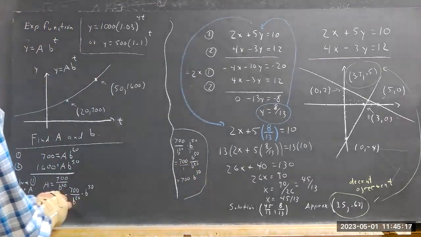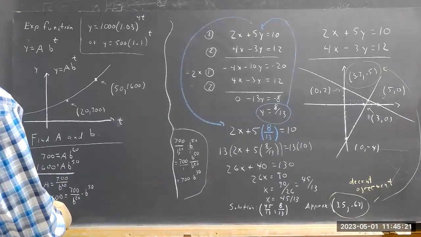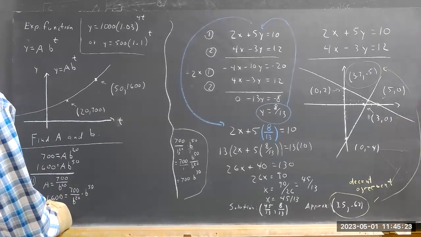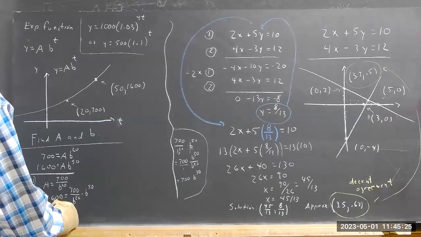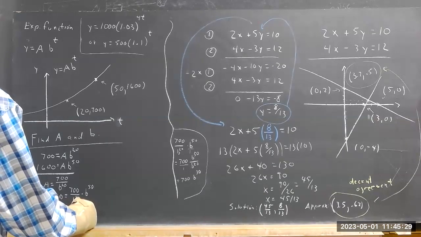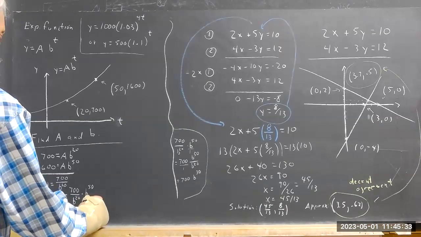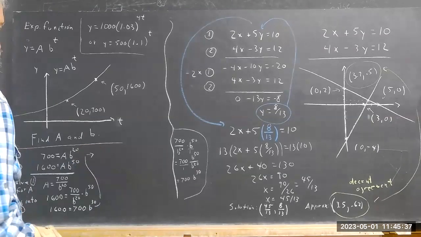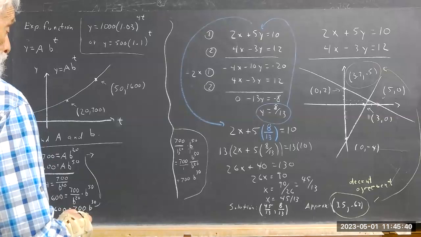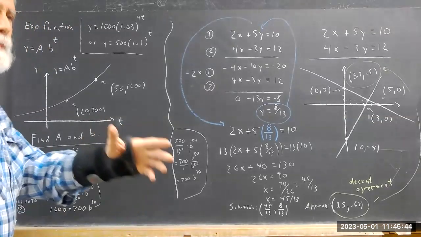So this right-hand side comes down to 1600 equals 700 b to the 30th. Now we bring this over here and we divide both sides by 700, and everybody did that.